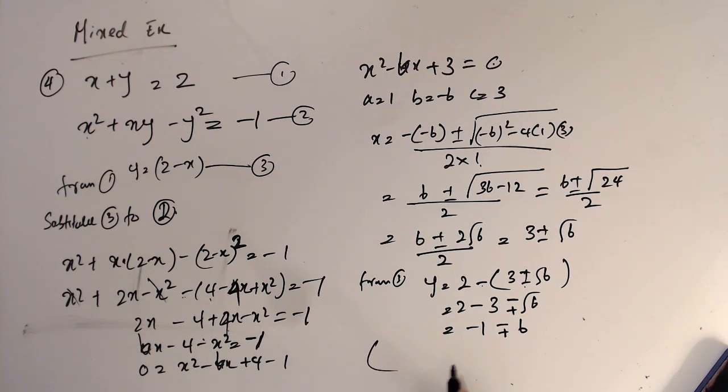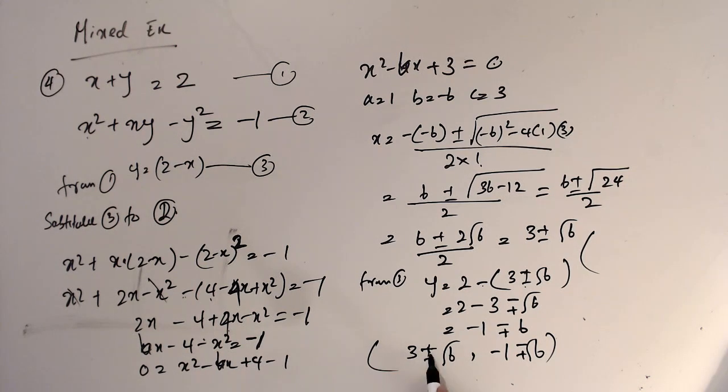So the x value is 3 plus or minus square root 6 and the y value is minus 1 minus or plus square root 6. So you can write two answers.